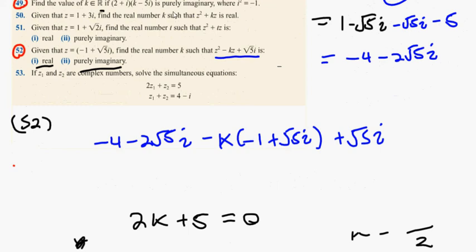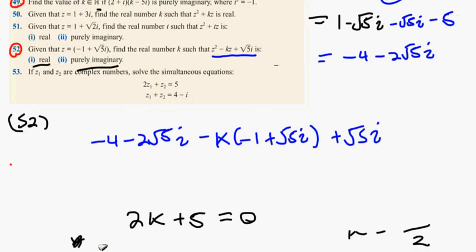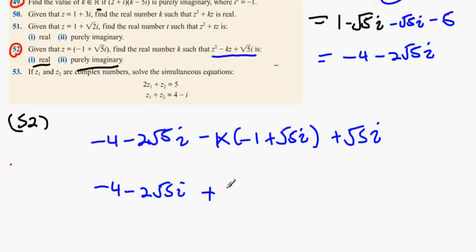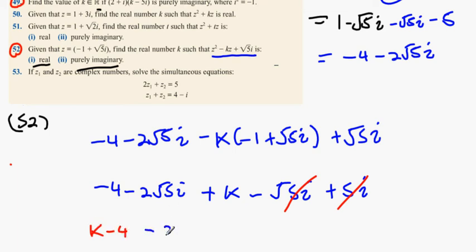I'm going to multiply this out, and what we get is minus 4 minus 2 root 5i plus k minus k root 5i plus root 5i. Now the root 5i's cancel off, and what we're going to be left with is k minus 4 and then minus 2 root 5i.